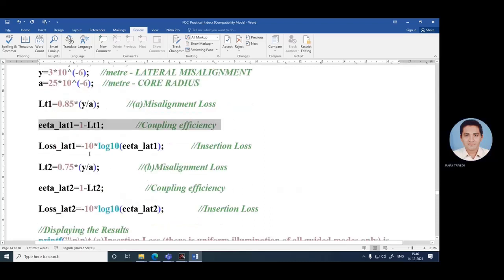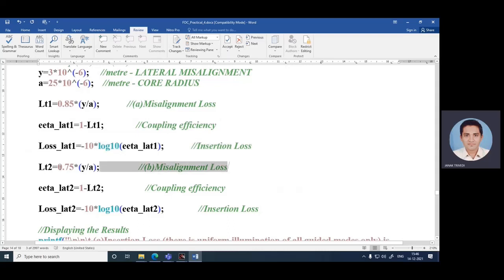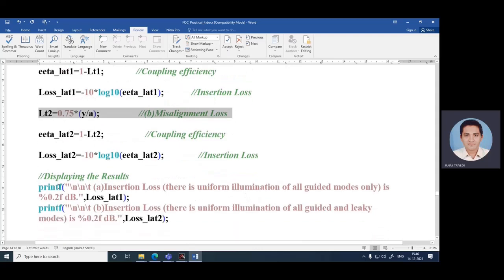Then insertion loss is minus 10 log 10 eta LT. Then the misalignment loss once again for 0.75, and a similar kind of equation, eta L2 and loss suffix LT, for coupling efficiency and insertion loss. Finally, displaying the result: printf insertion loss, there is a uniform illumination of all guided modes only; then printf the insertion loss, there is a uniform illumination of all guided and leaky modes.